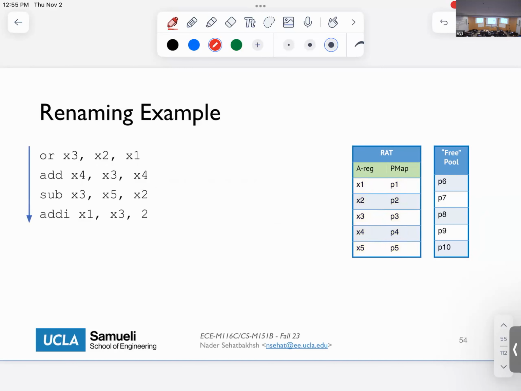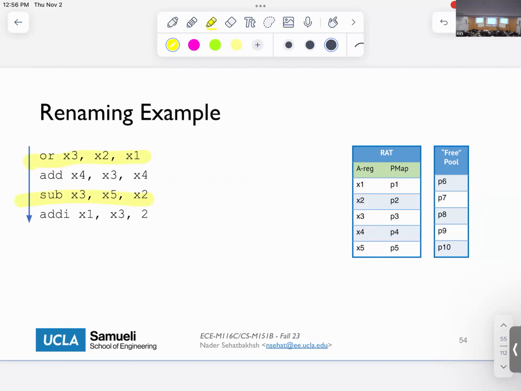So let's continue. Now let's say I have this set of assembly instructions: OR x3, x2, x1, add x4, x3, x4, sub, and then add. This is basically your old assembly code. Now what I want to do is see if I can avoid scenarios like this. Look at this scenario and this one, right?